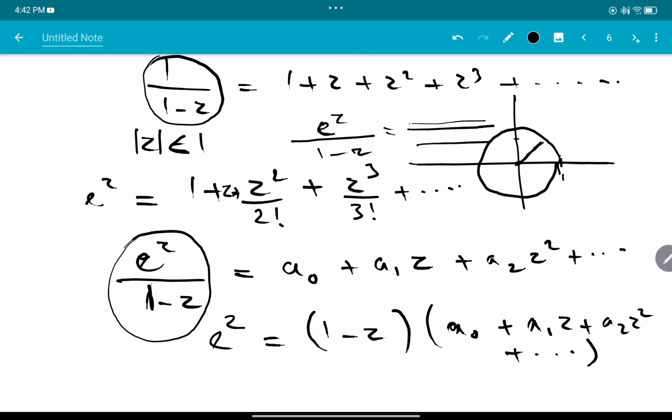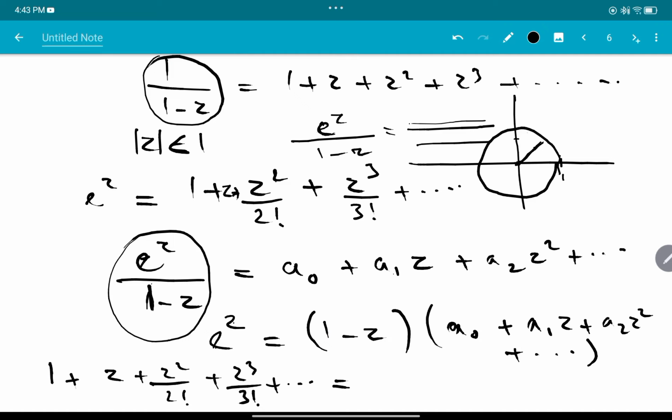Now I write the Taylor expression for e raised to z, which is 1 plus z plus z square by 2 factorial plus z cube by 3 factorial plus dot dot dot. And I multiply this with this. If I multiply this with this, then I collect the coefficients of the similar terms.